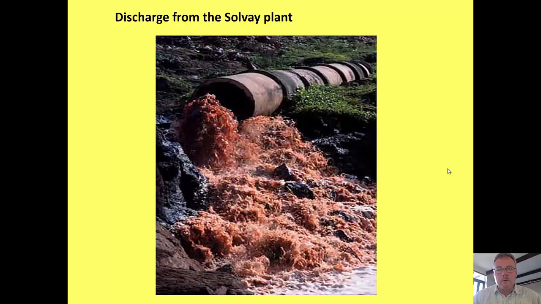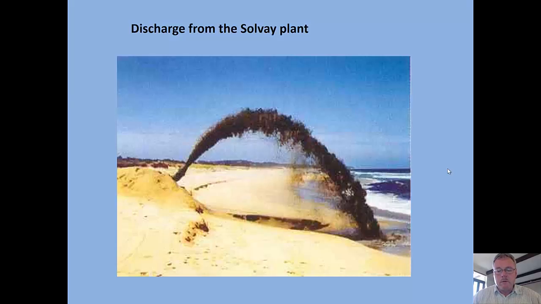We'll have a look at those a little bit later. In the ocean, it's easier to put some of the discharges into the ocean because of its large heat capacity, but also because you're not going to upset the balance of the ions present by putting calcium chloride into the water. You might get some precipitation of calcium chloride. We'll see that a little bit later.